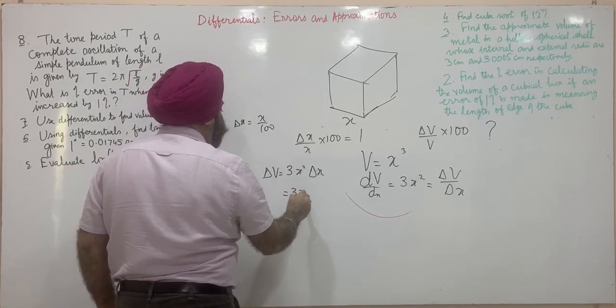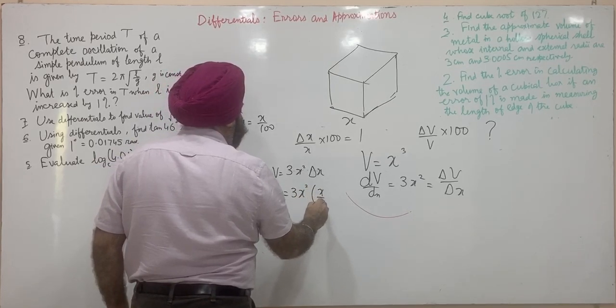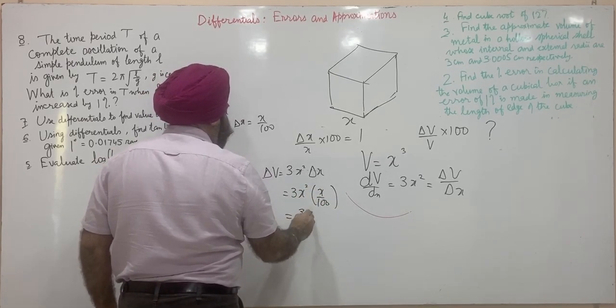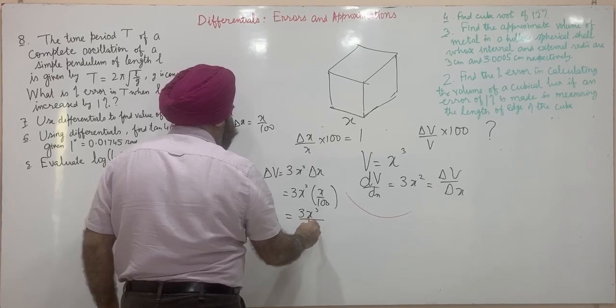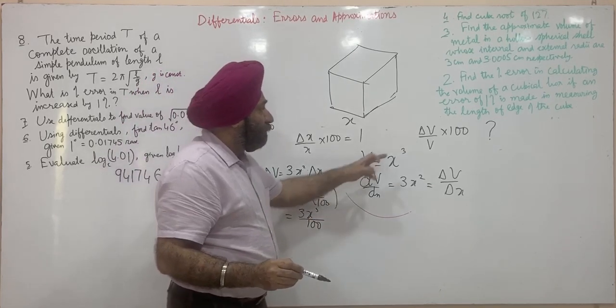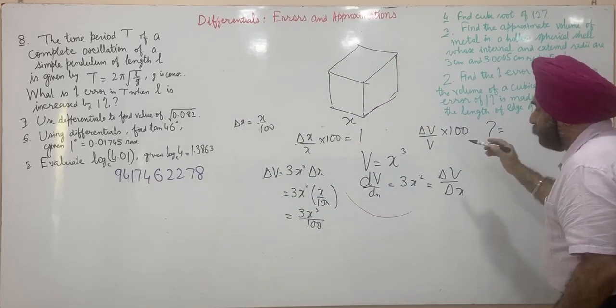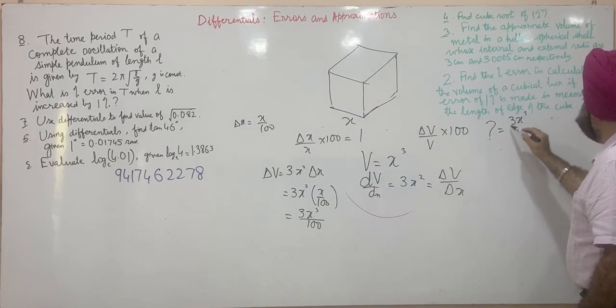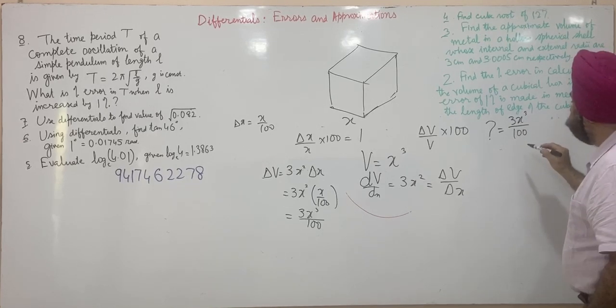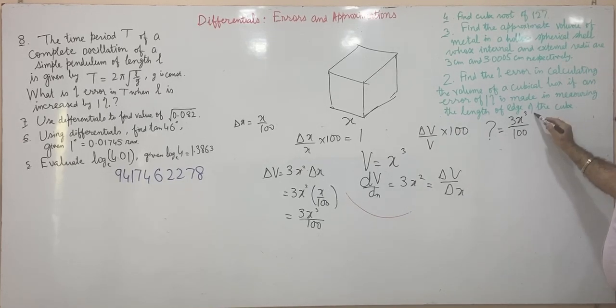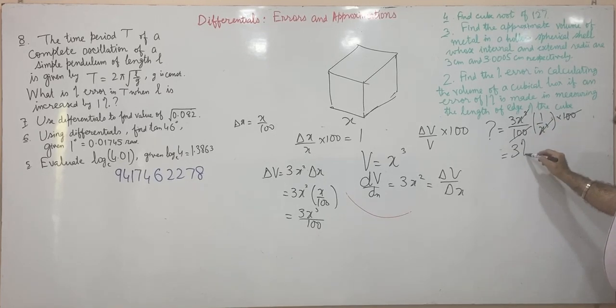So this is 3x square into x by 100, that's 3 into x cube by 100. So what about delta v upon v into 100? Delta v is 3x cube upon 100 divided by v, that's 1 by x cube, into 100. The 100 will cancel out, x cube also cancels. So we have 3%. 3% is the answer.